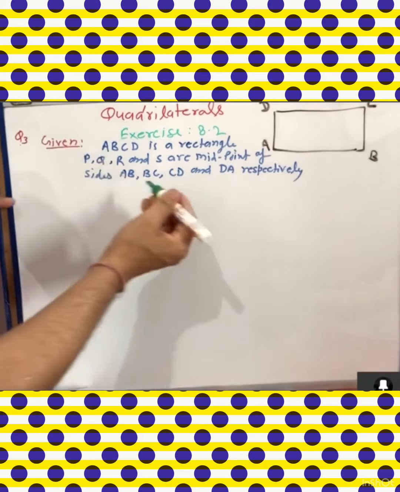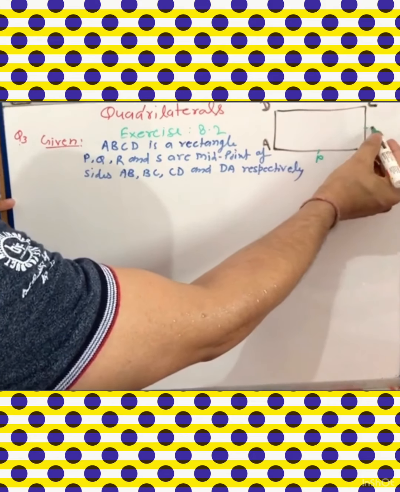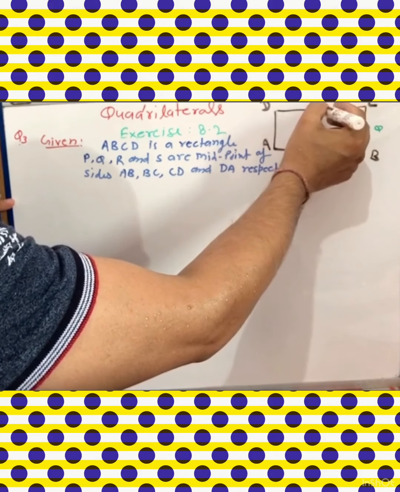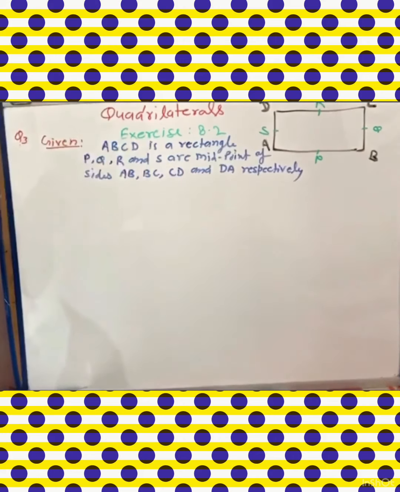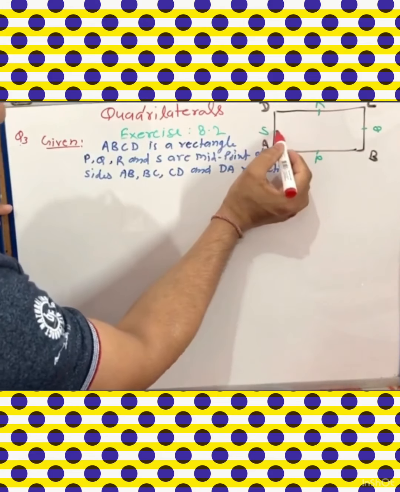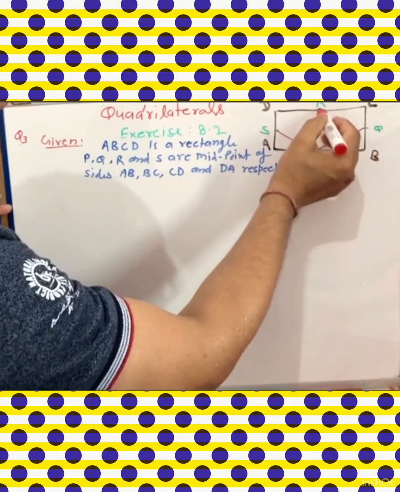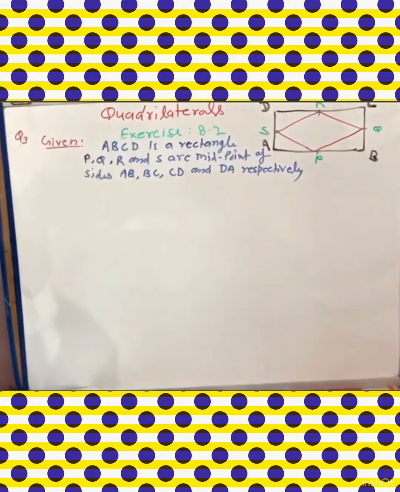P is the midpoint of AB, Q is the midpoint of BC, R is the midpoint of CD, and S is the midpoint of DA. Okay, now you will join these points. What do you get? You will get this same thing, you join the points. So you will get PQRS, a quadrilateral.